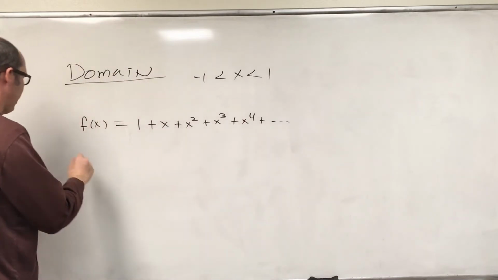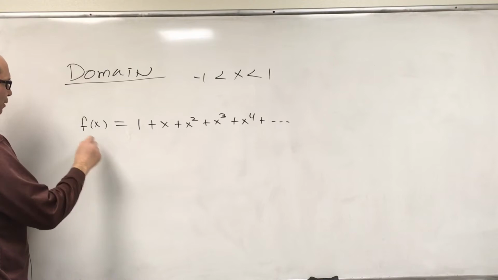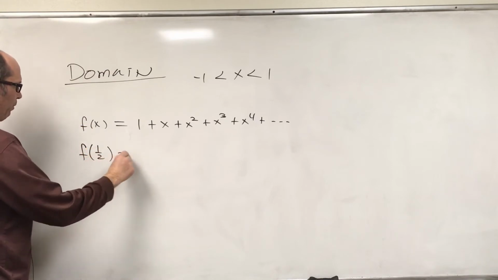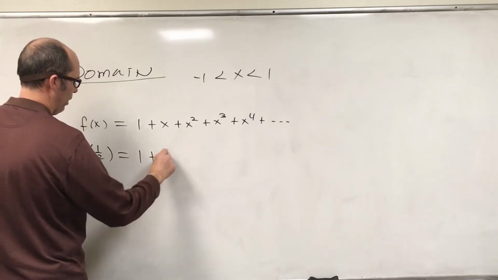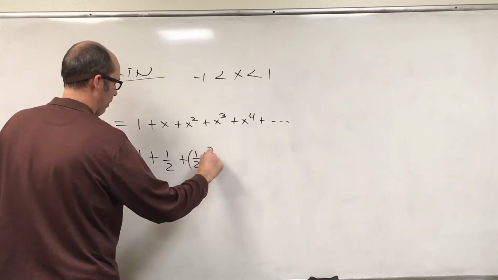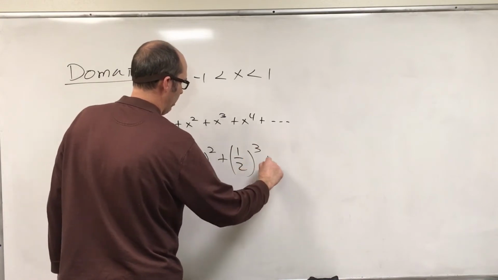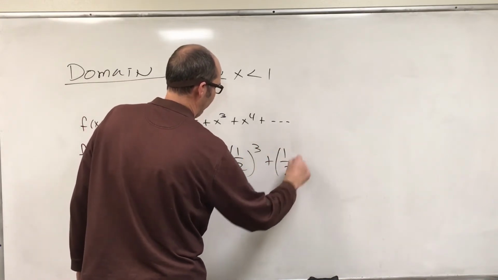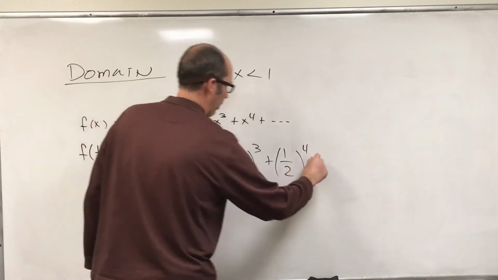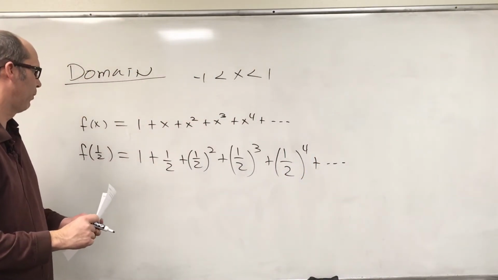Let's say f of x equals a half, or f of a half. This is 1 plus a half squared plus a half cubed plus a half to the 4th, going on and on and on, adding like that forever.